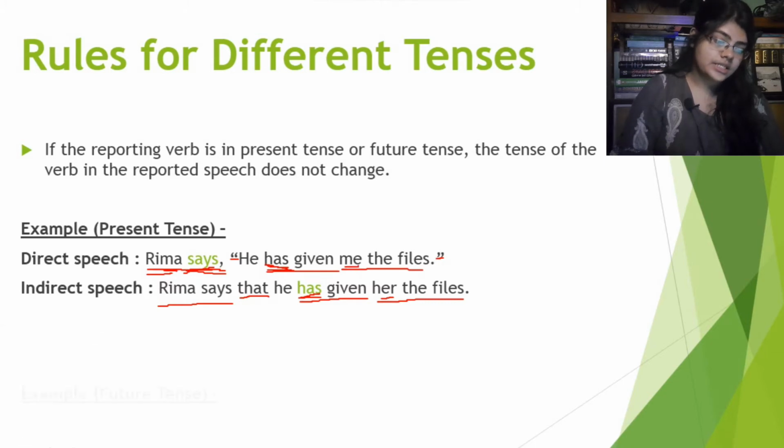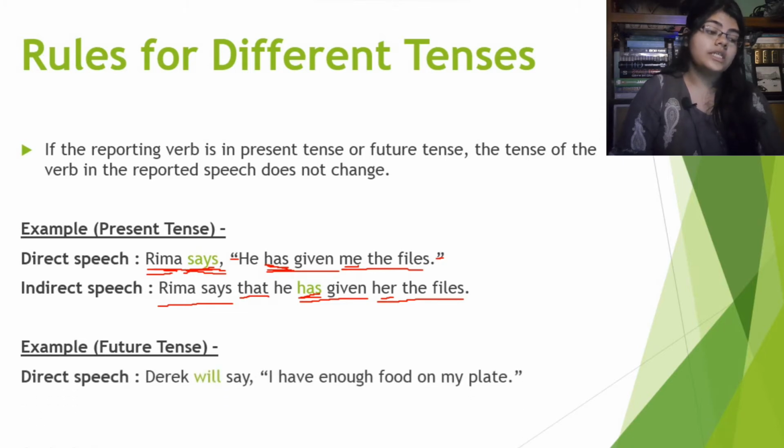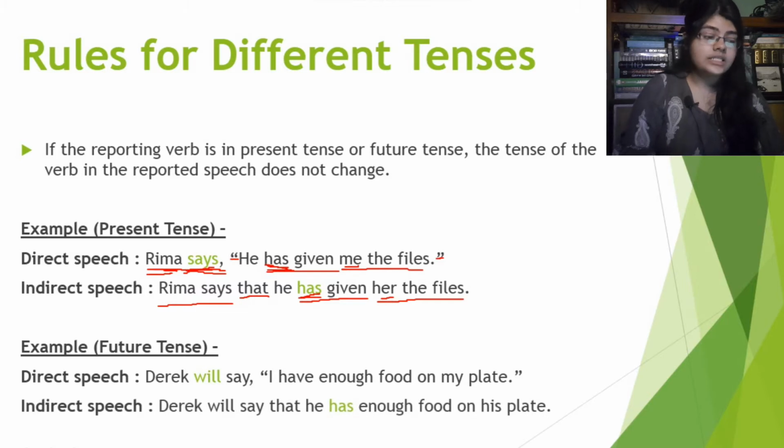Now the next example where the reporting verb is in future tense. Direct speech. Derek will say, "I have enough food on my plate." The indirect speech is, Derek will say that he has enough food on his plate. Again, what is happening here?